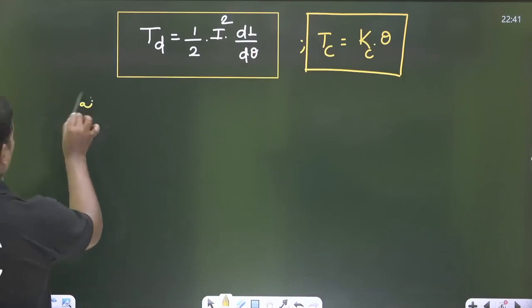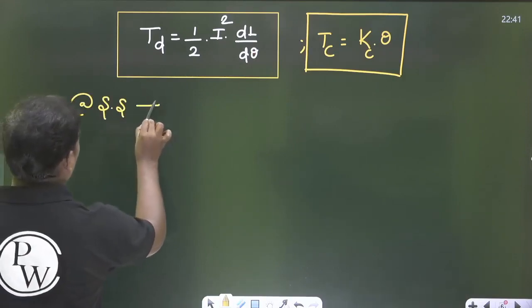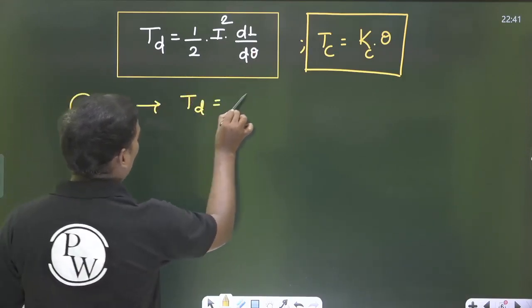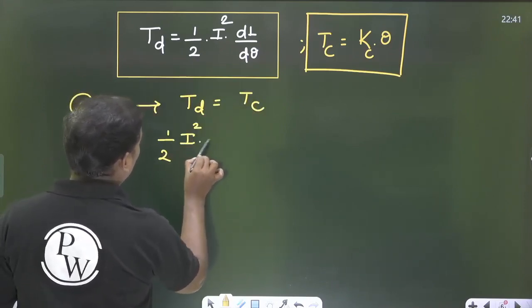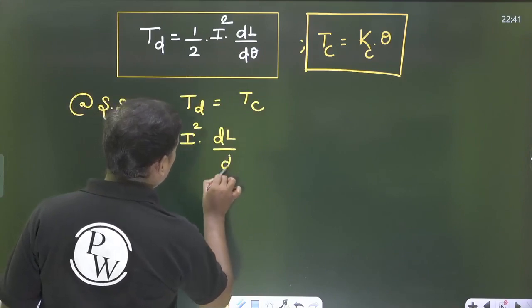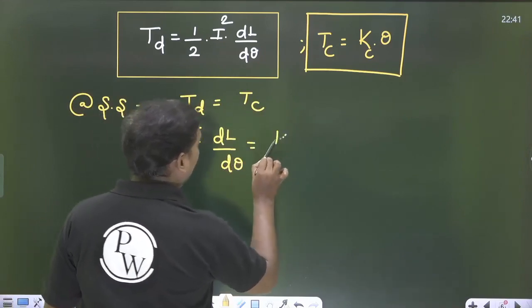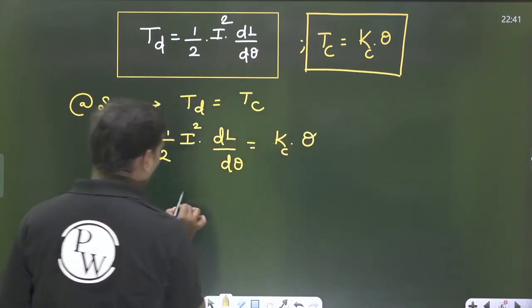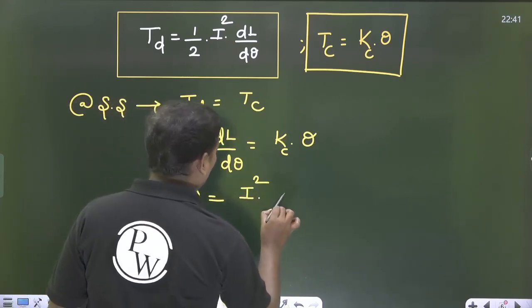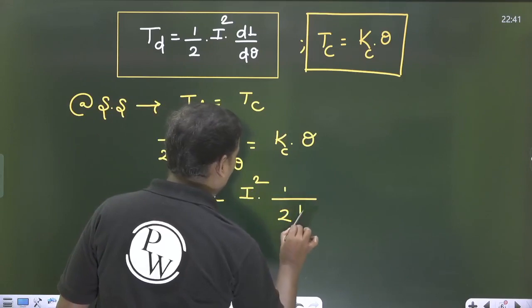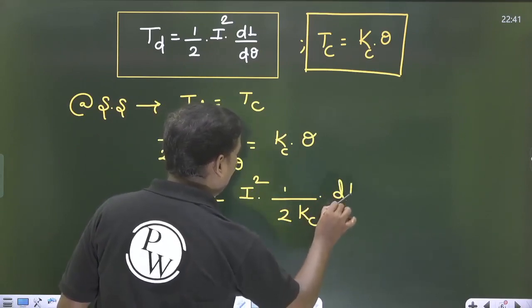Okay, so now at steady state what happens? We can take the deflection torque equal to the controlling torque. So we can write half I square into dL by d theta is equal to Kc into theta. From this we can write theta is equal to I square by (1 by 2 Kc) into dL by d theta.